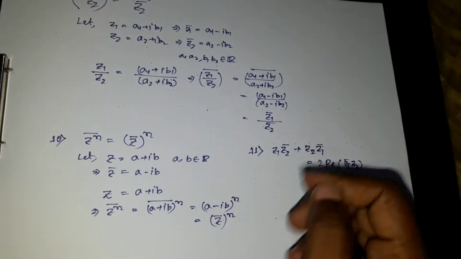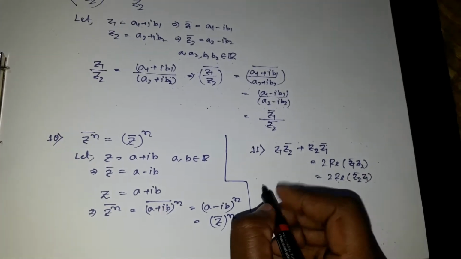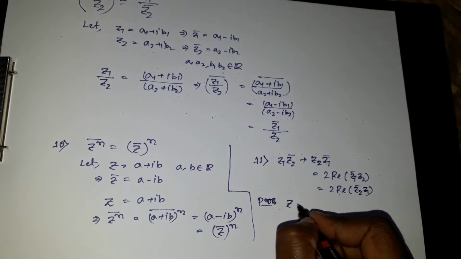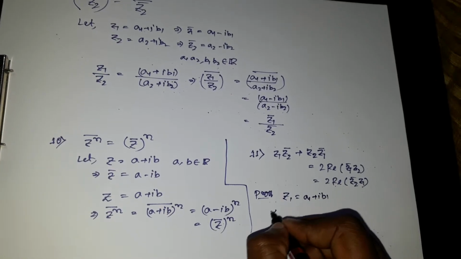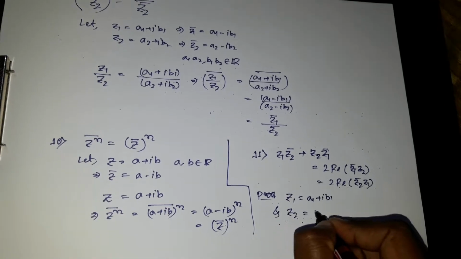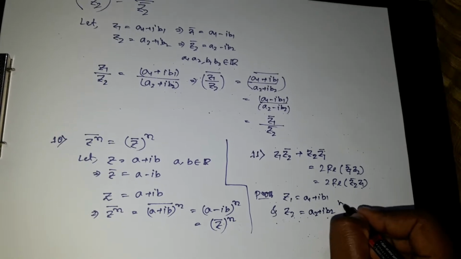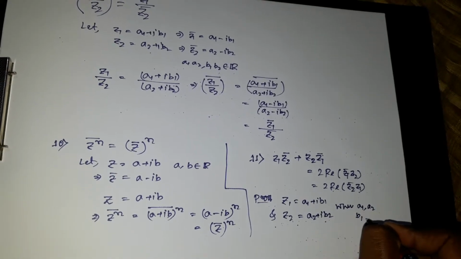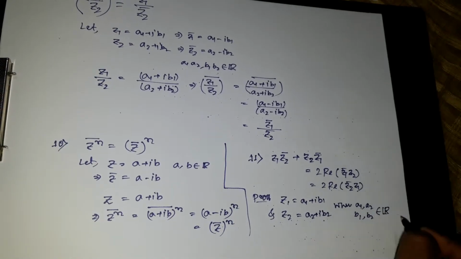Okay, so now we are going to prove this theorem. With a similar method, let z1 equal a1 plus ib1 and z2 equal a2 plus ib2, where a1, a2, b1, b2 belong to the set of all real numbers.